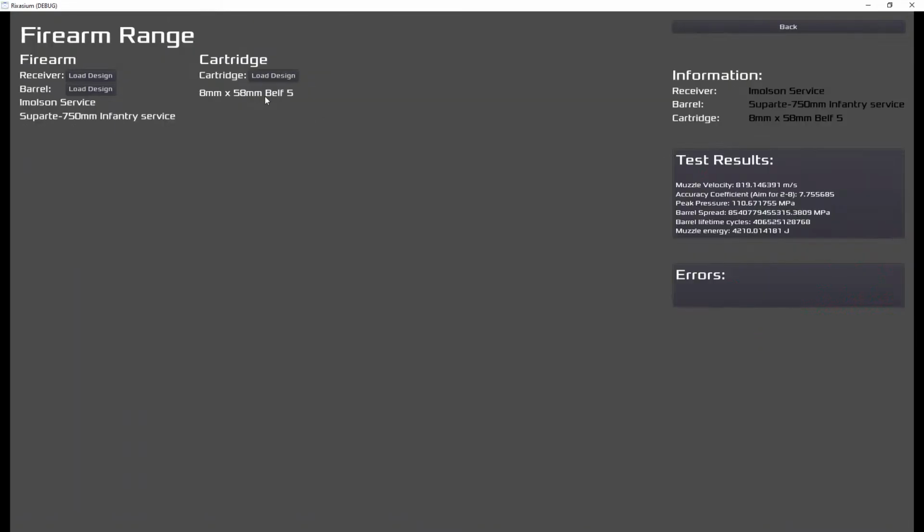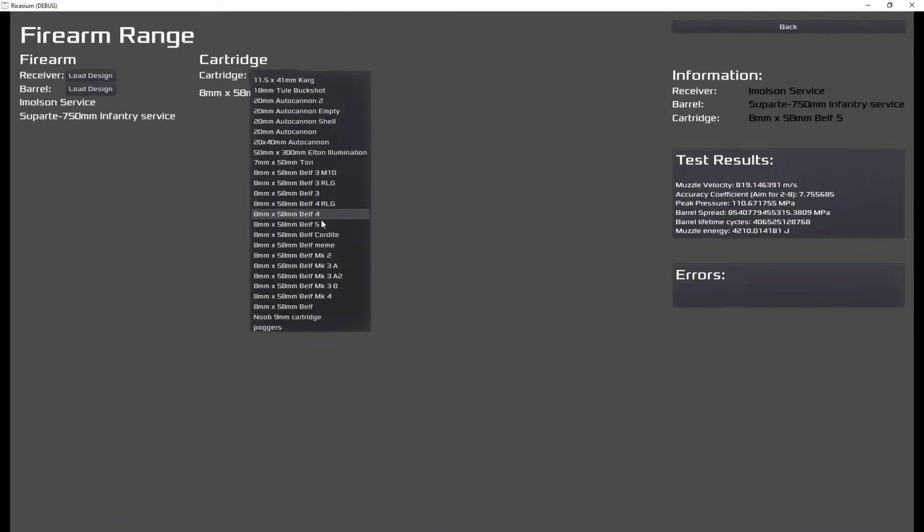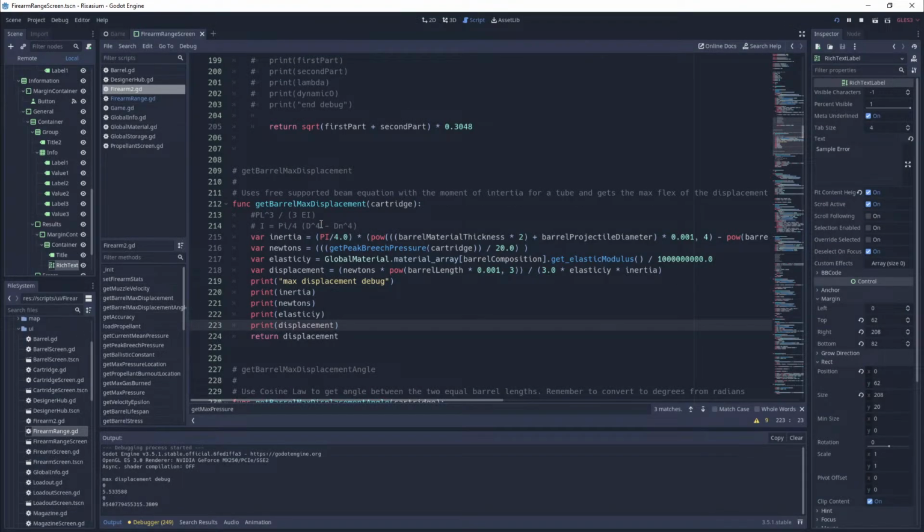Alright, so just back to the range, and we're just going to check that again. So we have 5 newtons, and we have 5 times barrel length with part 3, times elasticity.